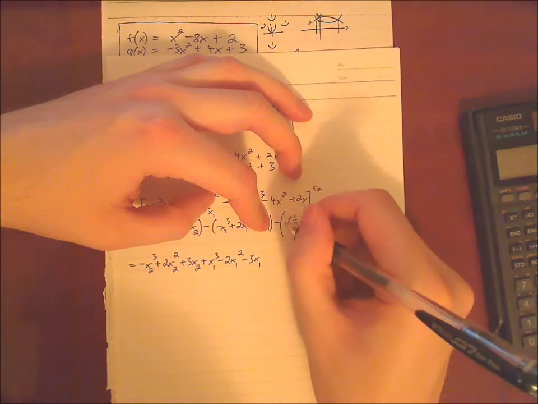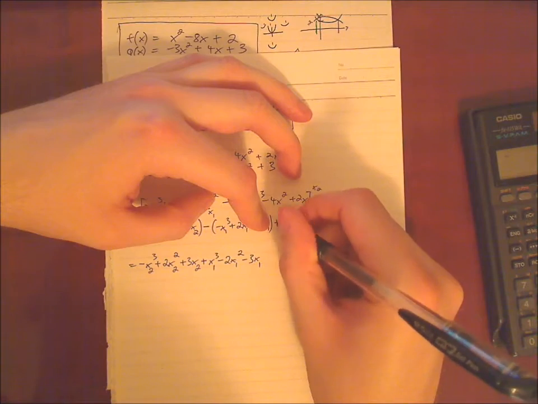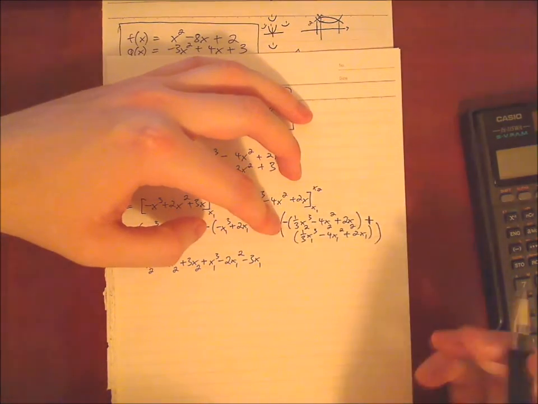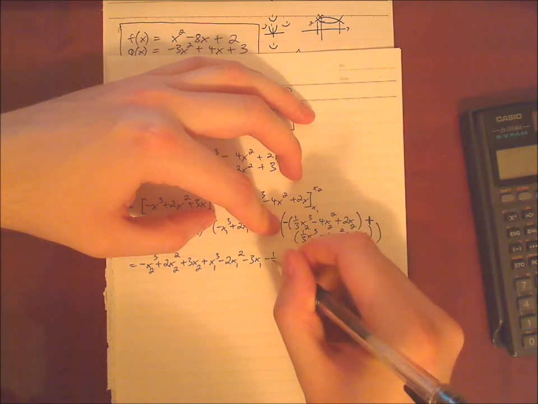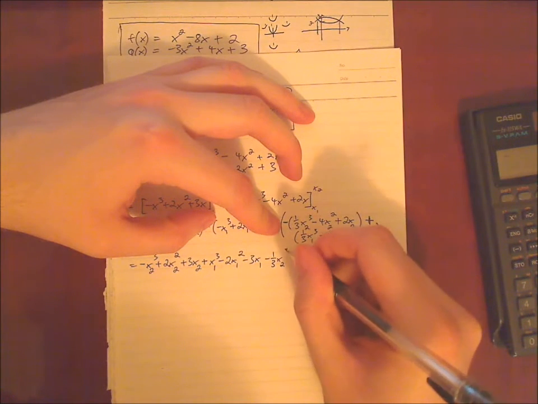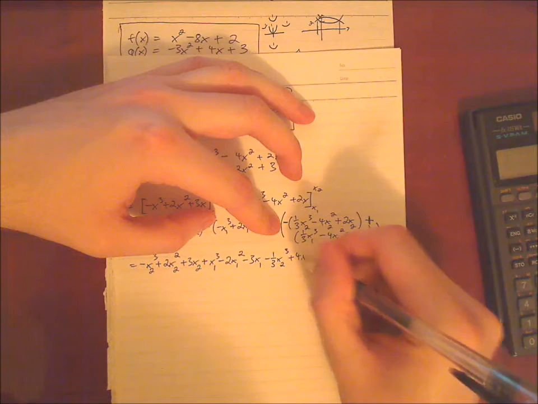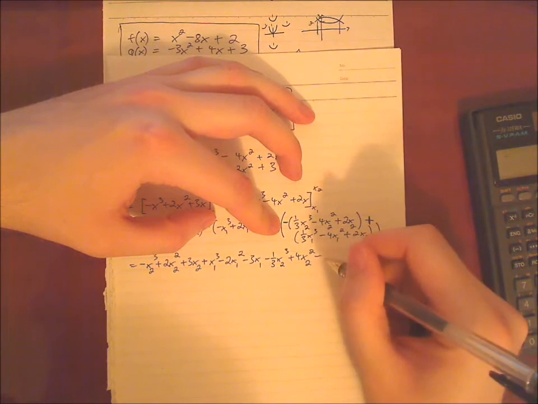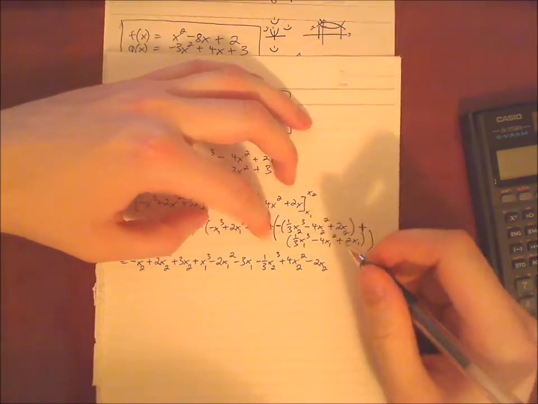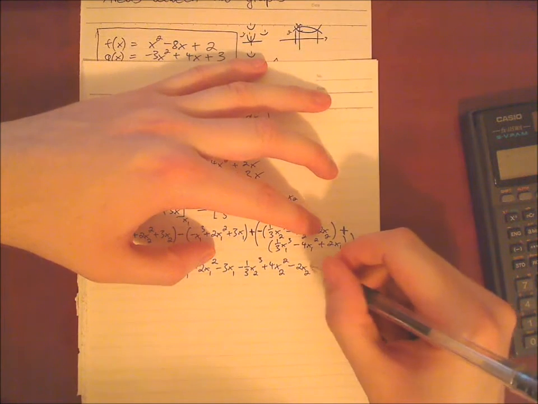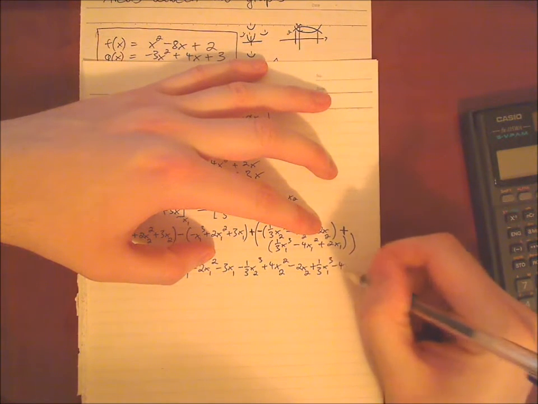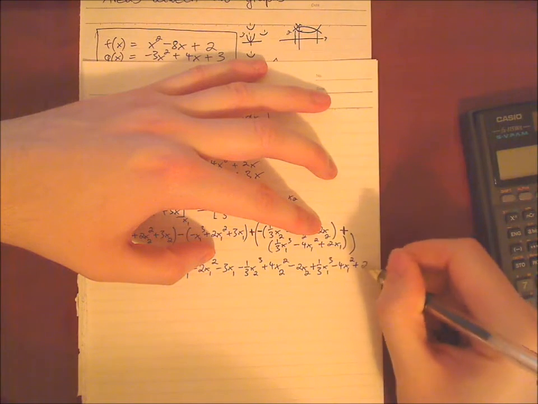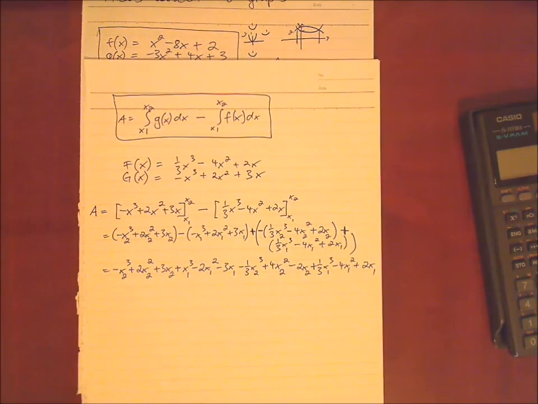We need to write the minus here, and we can write a plus here, so it gets a little bit easier. Minus 1/3 x2 to the power of 3 plus 4x2 to the power of 2 minus 2x2. Now plus 1/3 x1 to the power of 3 minus 4x1 to the power of 2 plus 2x1. Wow, that's a long story.